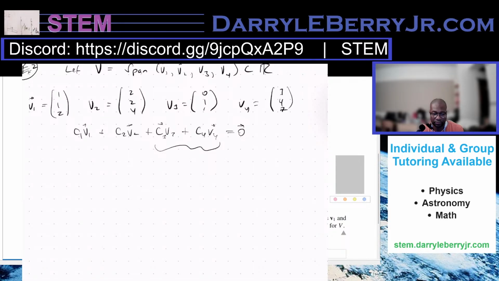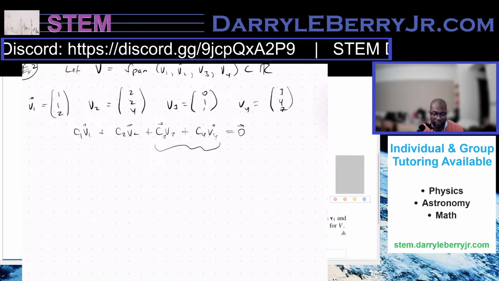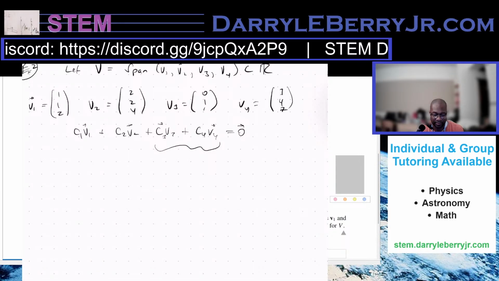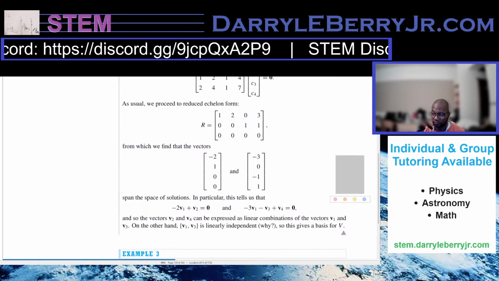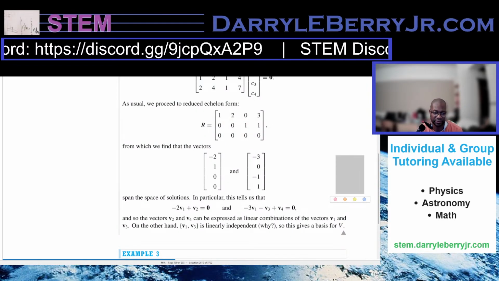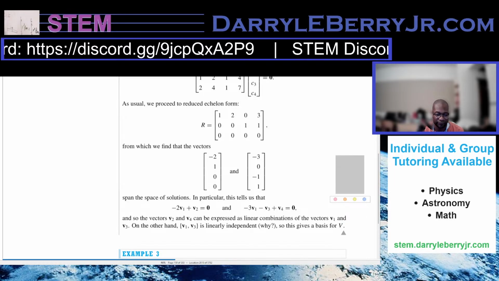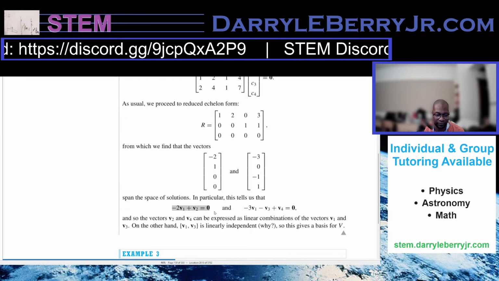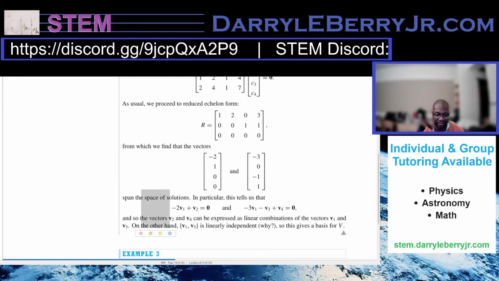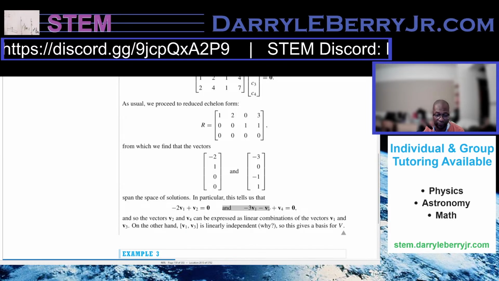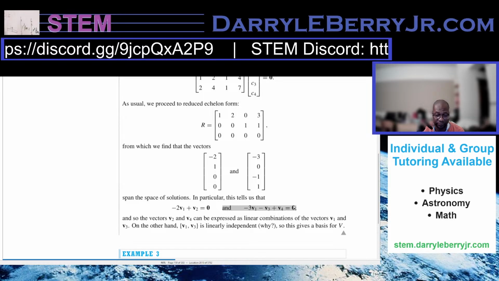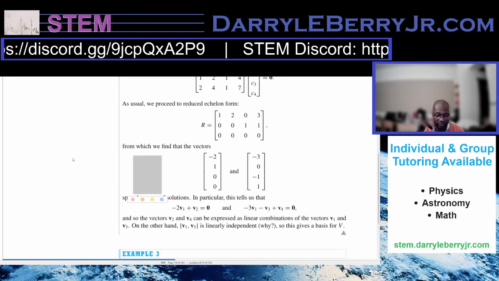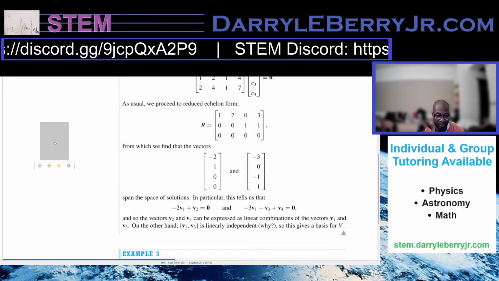Basically looking at this equation here, if we solved for V2, then V2 is in terms of V1, and if we solve for V4, then V4 is in terms of V1 and V3.